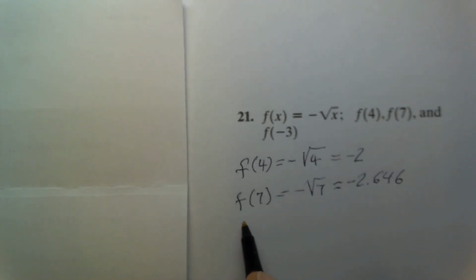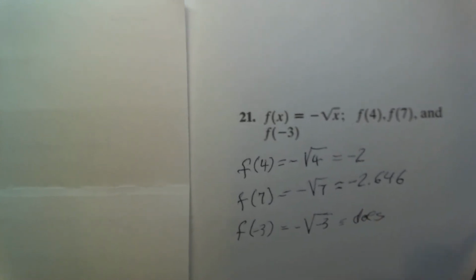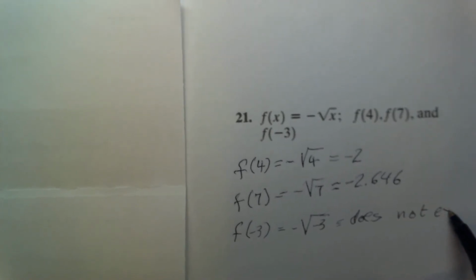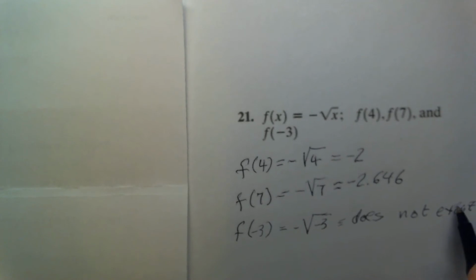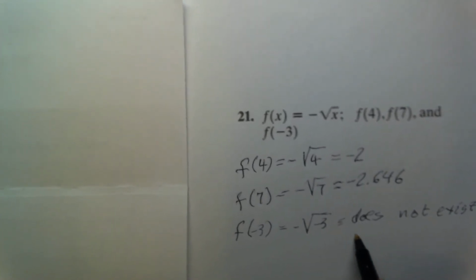And then when we replace x with the number minus 3, f of minus 3 is equal to minus the square root of minus 3, and that does not exist as a real number.